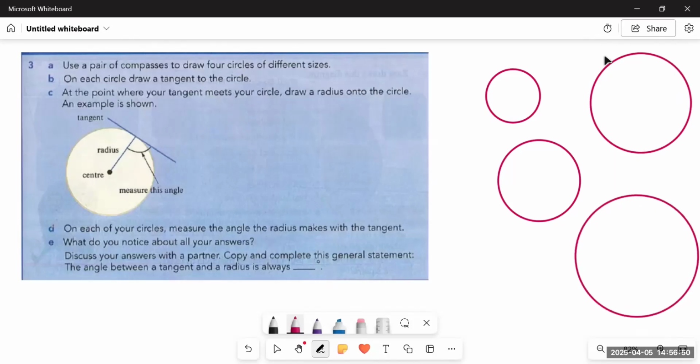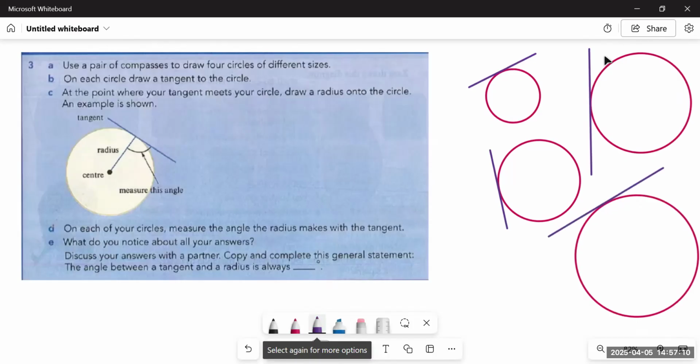Okay. Then they're saying on each circle, draw a tangent to the circle. So let's draw a tangent line, a line that only touches the circle at only one point outside of it. So these are the tangent lines. You can draw them where you like. Then they're saying at the point where your tangent meets your circle, draw a radius onto the circle.